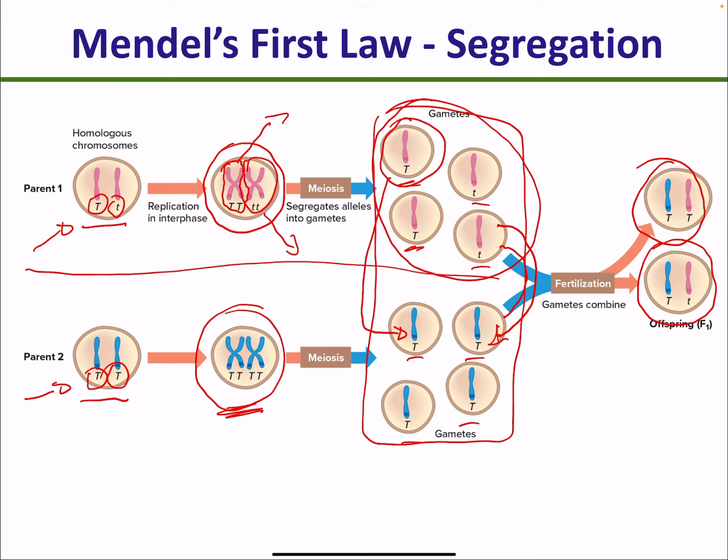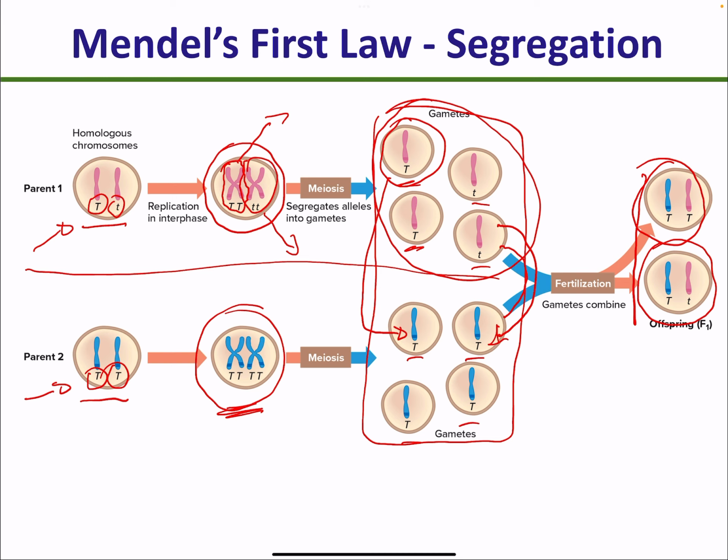So we have 2 possibilities in the offspring in terms of genotype. But in terms of phenotype, we have exactly the same phenotype, because capital T is dominant.